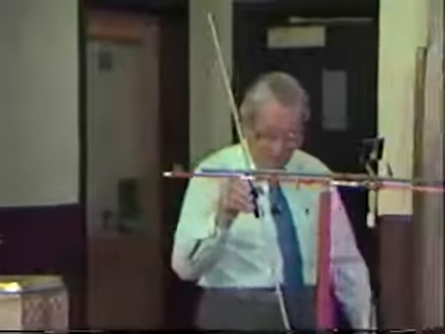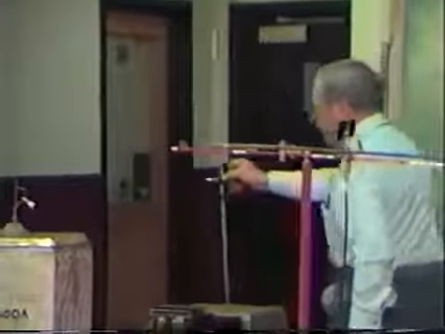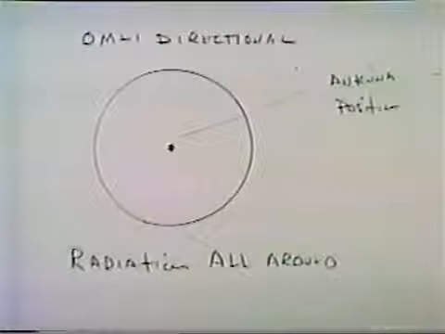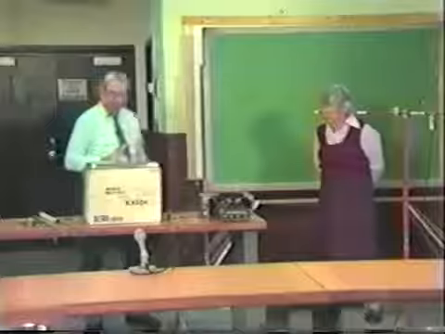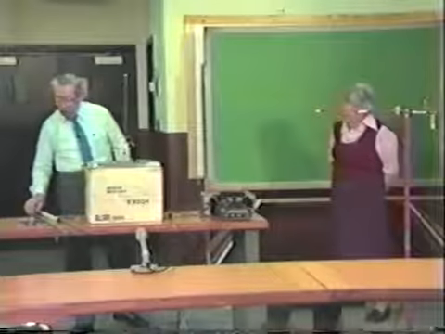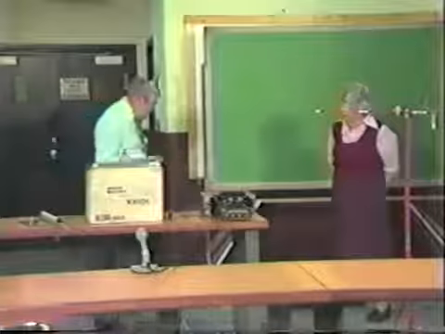This antenna is omnidirectional, and you get radiation all around the antenna, completely around the antenna. The antenna is radiating in the form of a loop, like a donut, with the RF coming off the sides of the antenna, 360 degrees around that antenna.